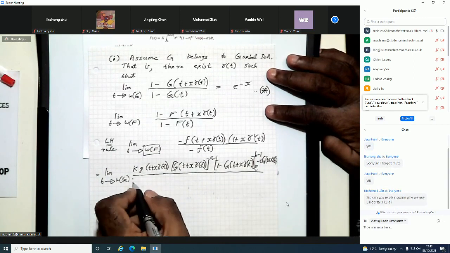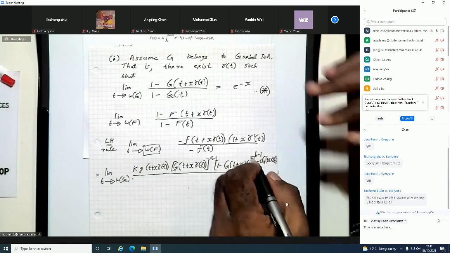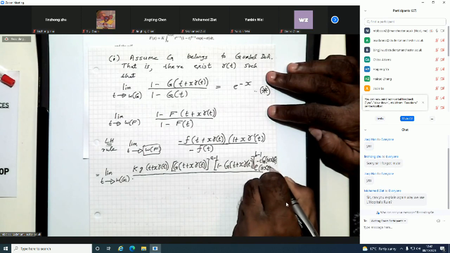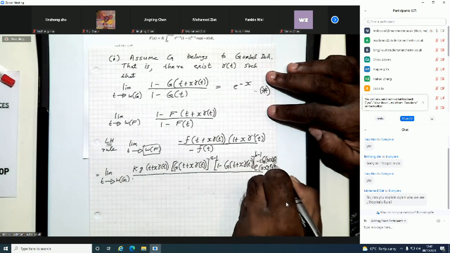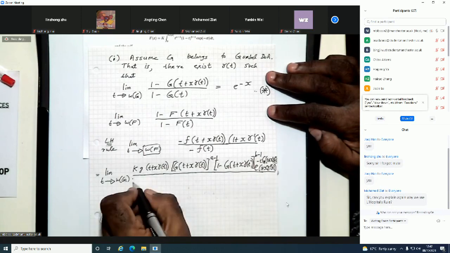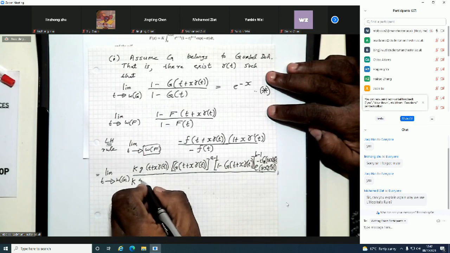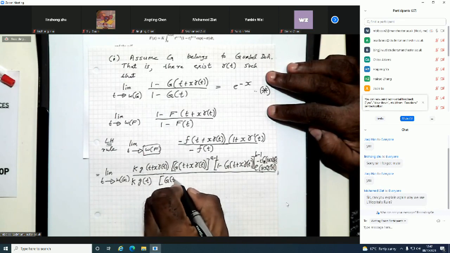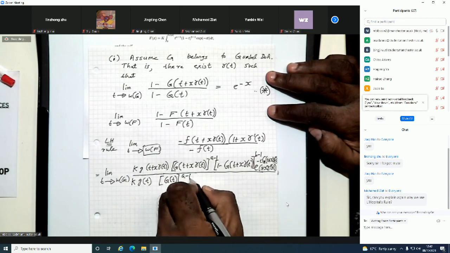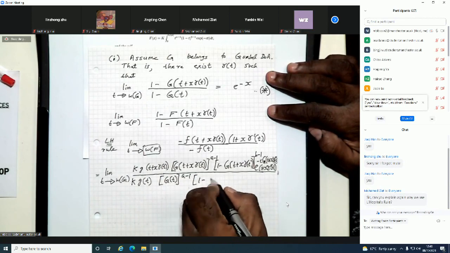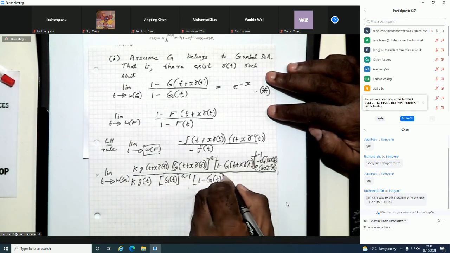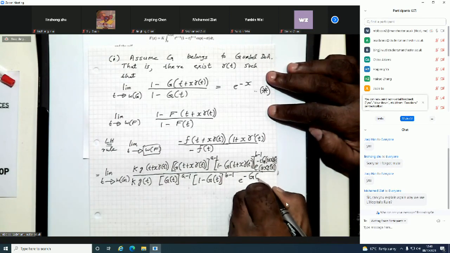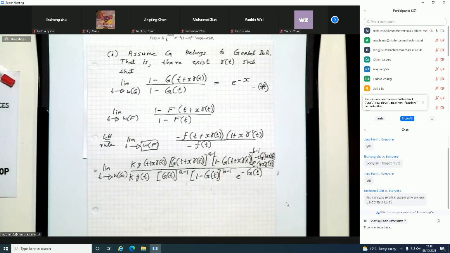Then in the bottom, you also need to multiply by this term here, which I left out, 1 plus. Right, in the bottom you have k. Do you follow my writing or not?